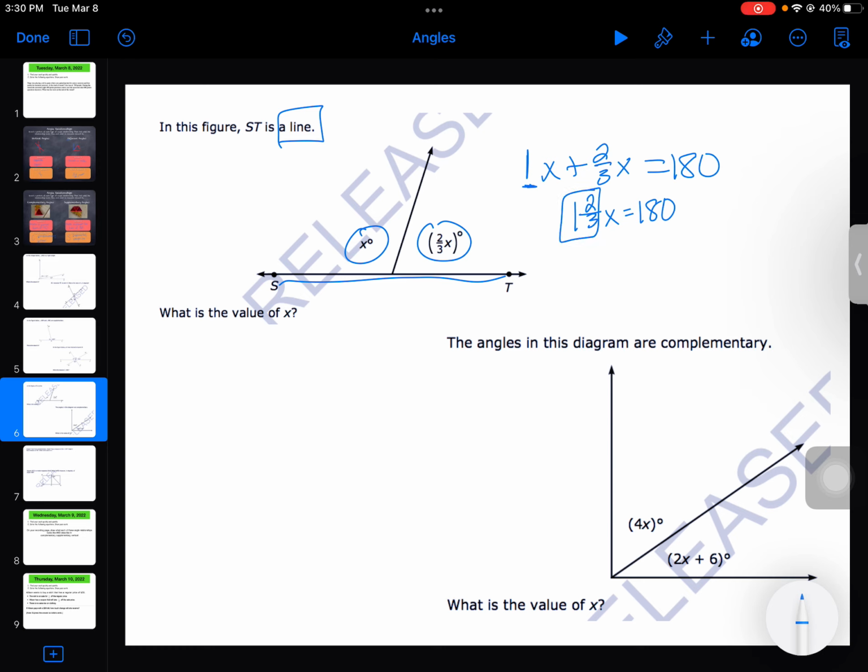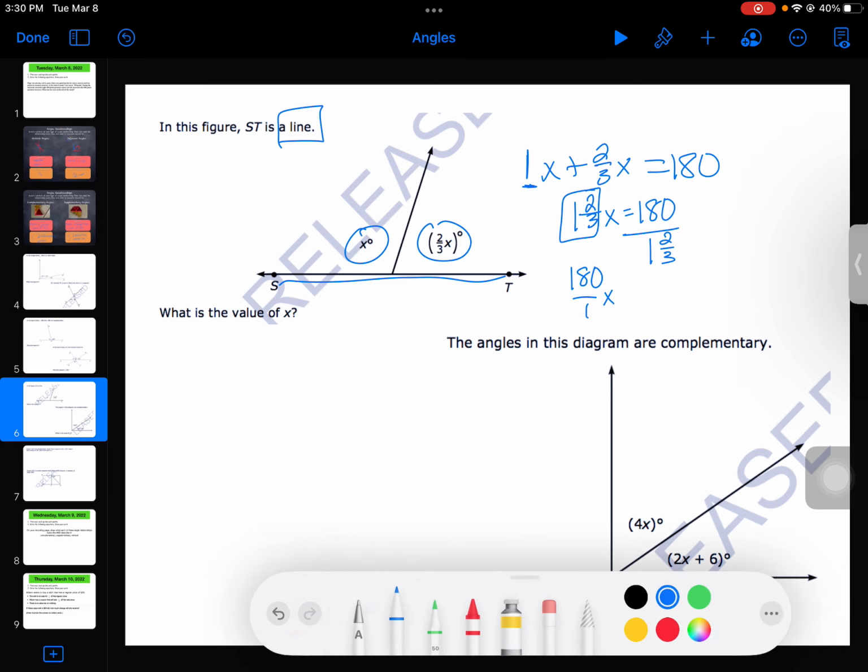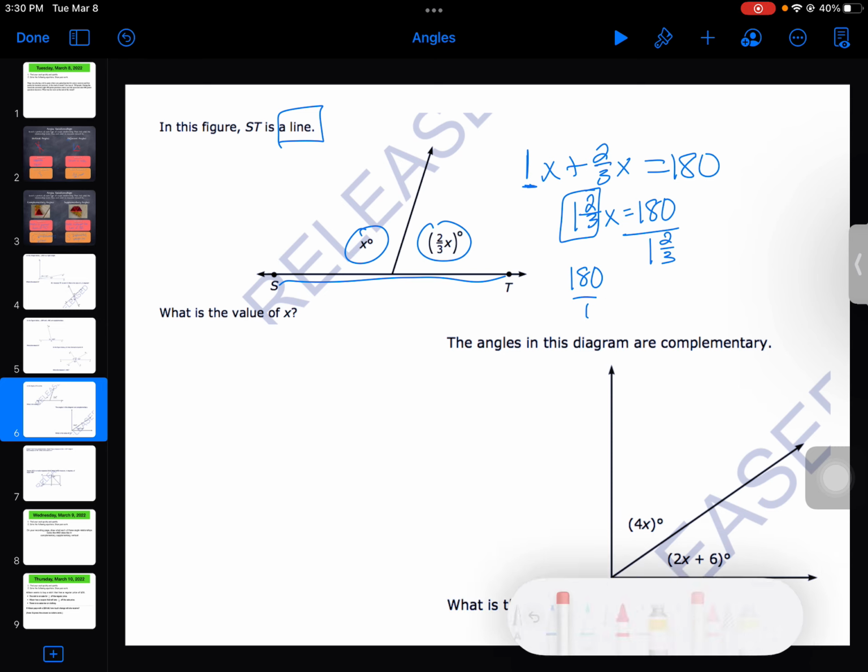If I have a number here beside a letter, that's multiplication. So the opposite of that is dividing by 1 2/3. So I've got 180 divided by, division, not multiplying, divided by 1 2/3.